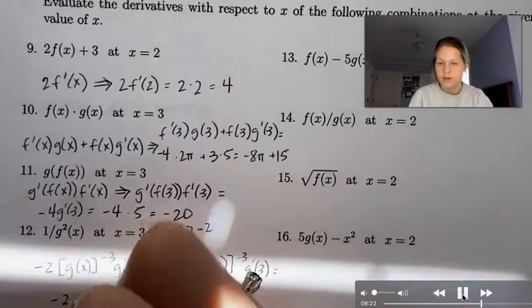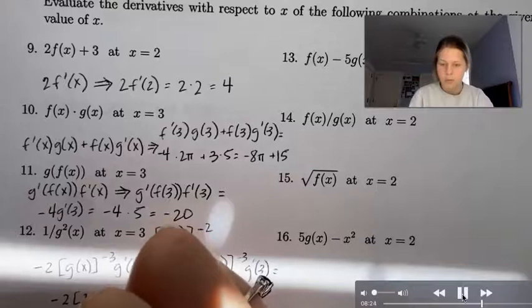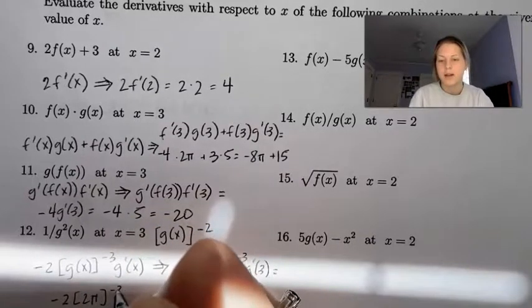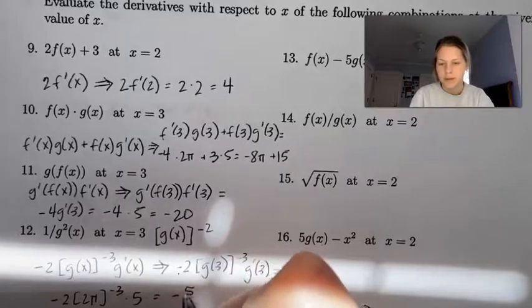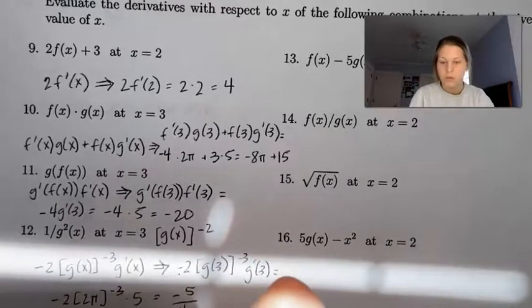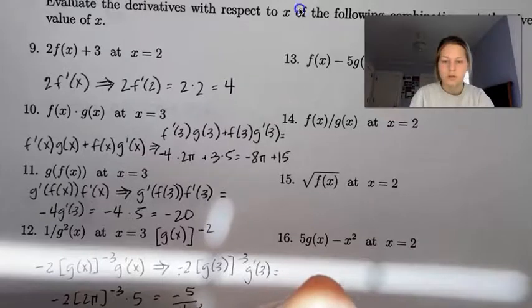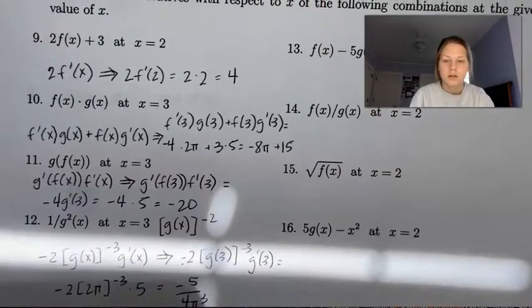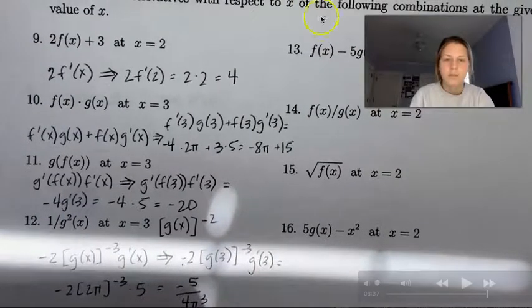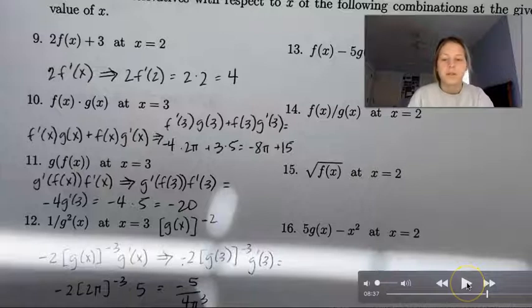And then when we look up at the table, we will get -2 times 2 pi to the -3 times 5. Let's see if we can adjust this so we can see the answer. There we go. So your final answer will be -5 over 4 pi cubed.